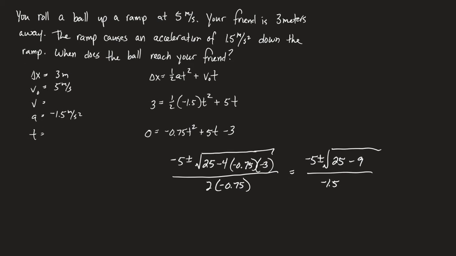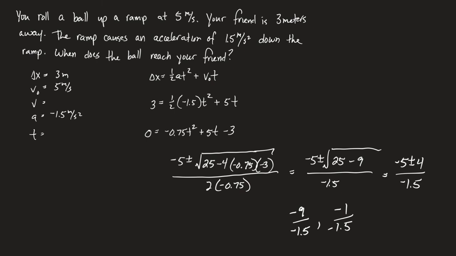So this is negative 5 plus or minus 4 over negative 1.5. Two answers. Let's see, negative 9 divided by negative 1.5, and negative 1 divided by negative 1.5.